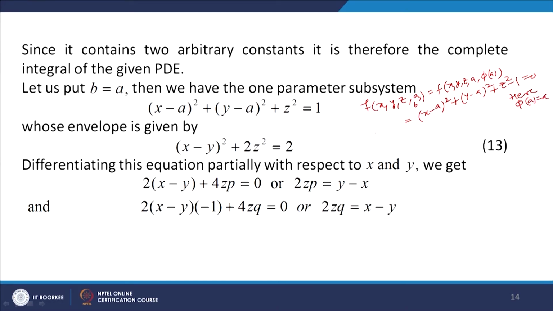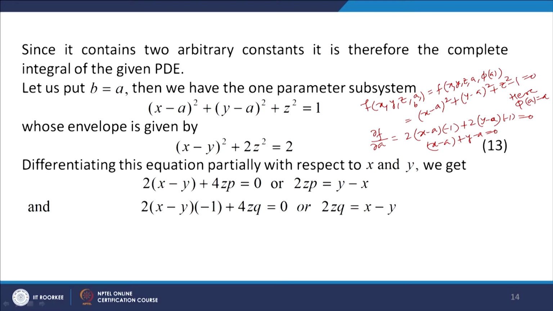Now, we differentiate this with respect to a. We will get 2 times x minus a into minus 1, plus 2 times y minus a into minus 1, equal to 0. So, we can divide by minus 2: x minus a plus y minus a is equal to 0.